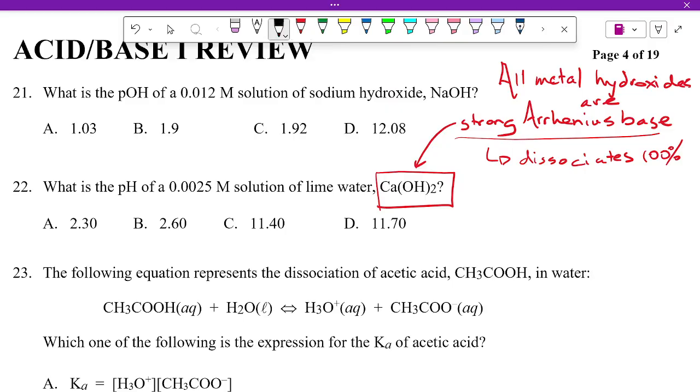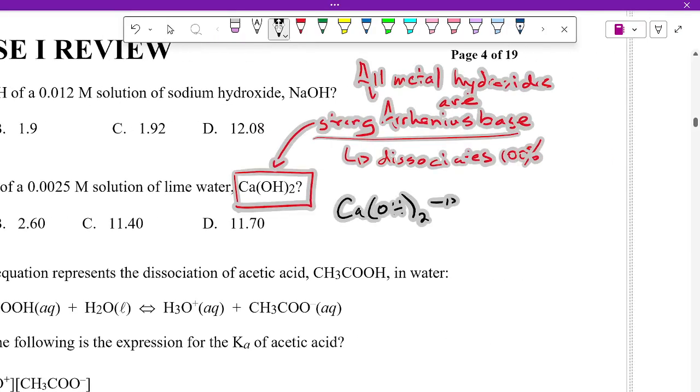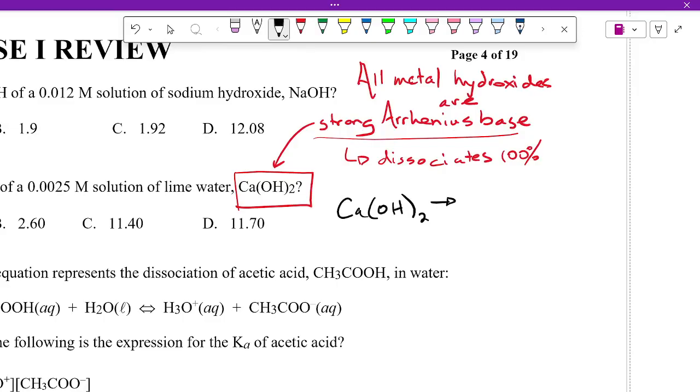Okay, so if we write the dissociation for calcium hydroxide, what are the two things we get? We get calcium and we get hydroxide. Okay, now as that's written, that's not correct.